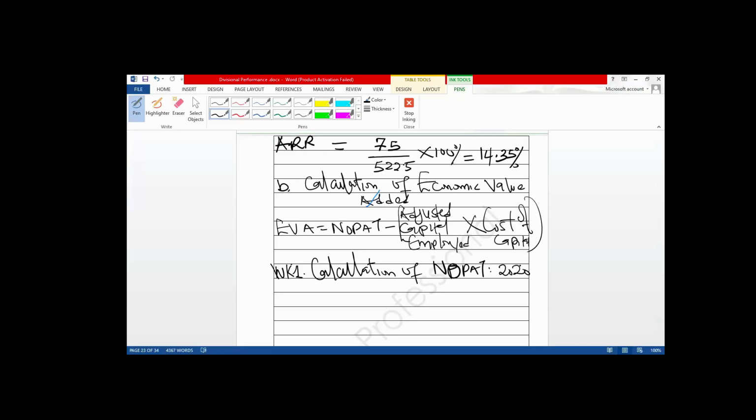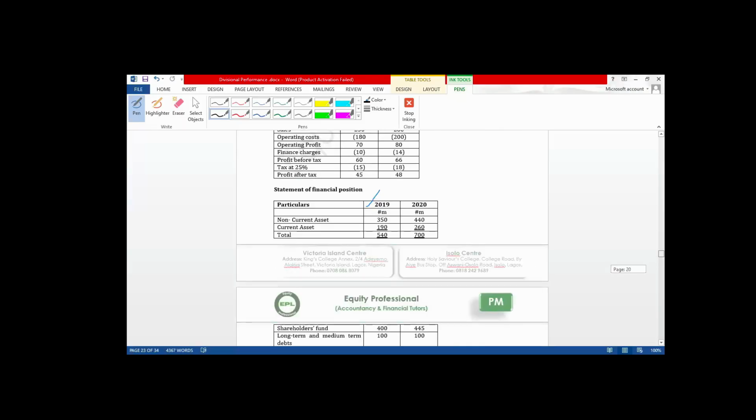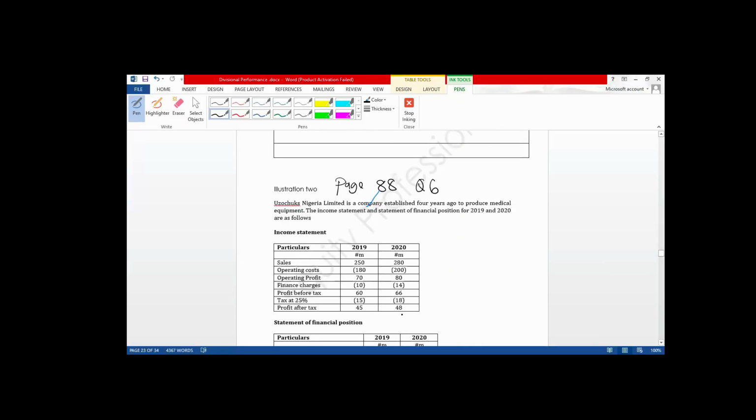You are going to calculate for the most recent financial year. Go and pick your profit after tax for 2020. 48 million.